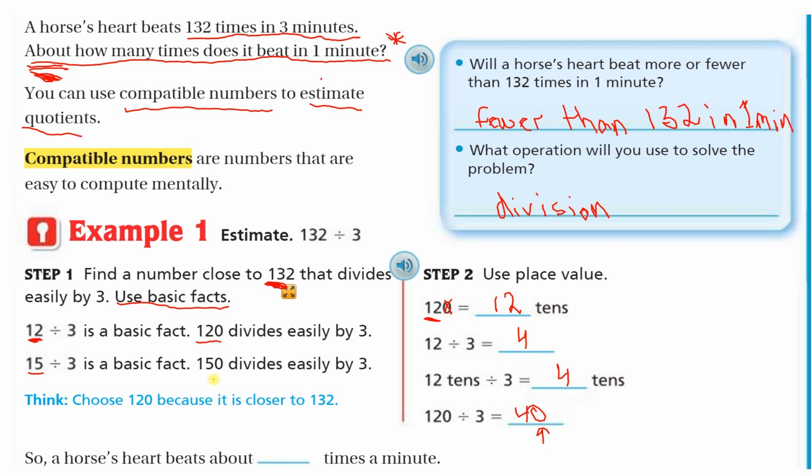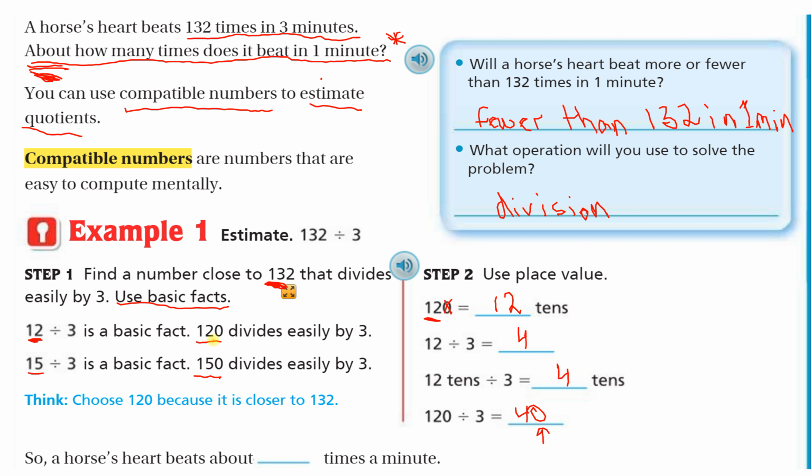Okay. Now, 120 would be a better estimate for 132 than 150, but I would say both would be reasonable estimates. But again, it depends on what the question is asking. If it wants to know what the best estimate would be, then you would use 120. If it wants just an estimate or a reasonable estimate, I think either answer would be in the realm of reasonable estimates.